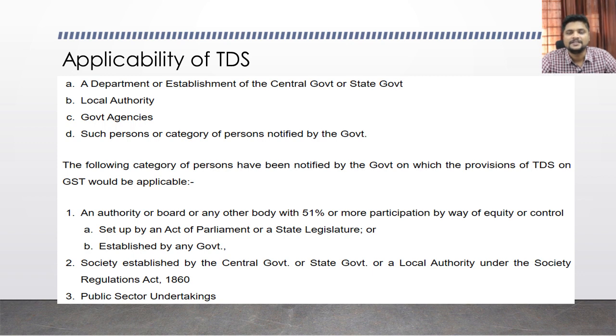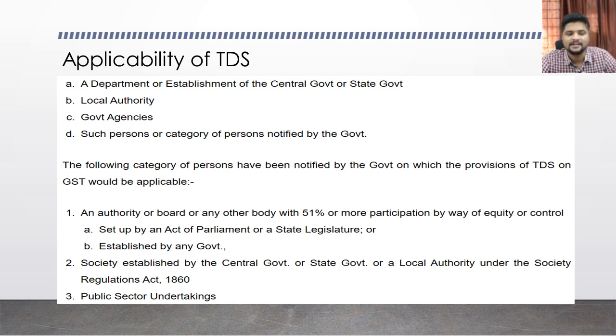For example, a government company: 51% or more participation by way of equity or control means that if shareholding with voting power of more than 51% is held by any government, it is called a government company.